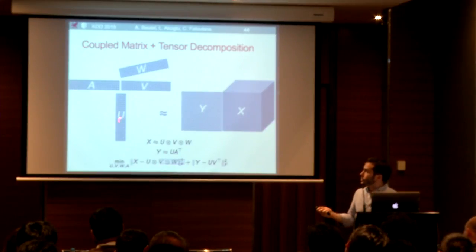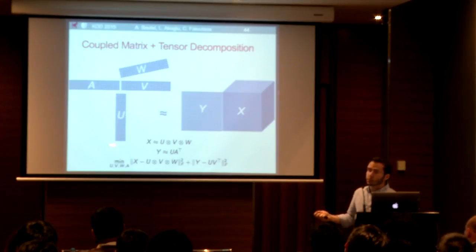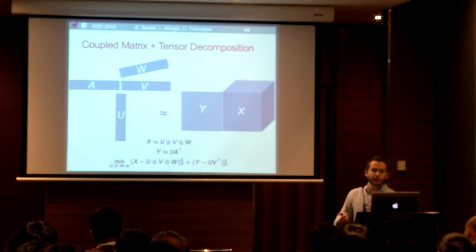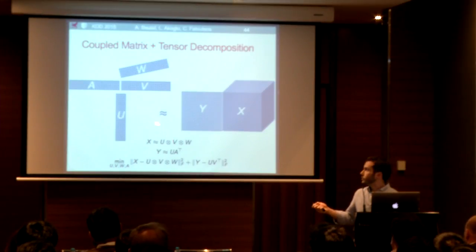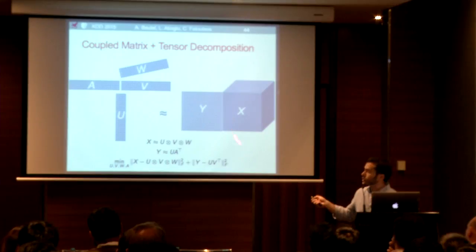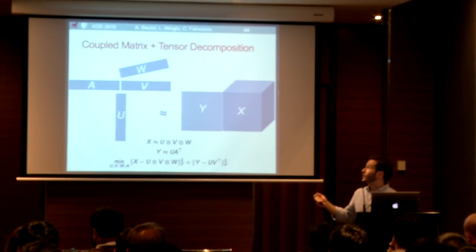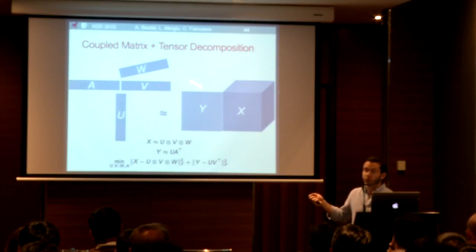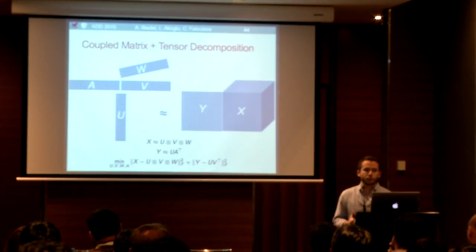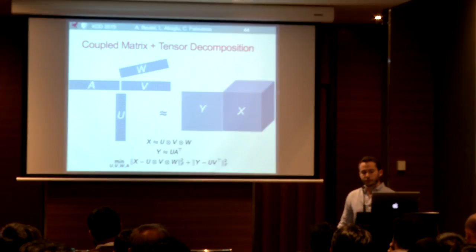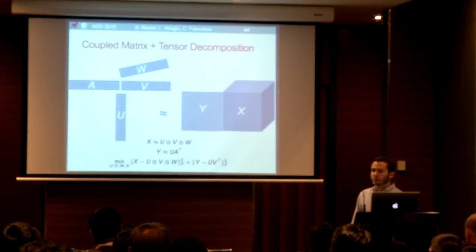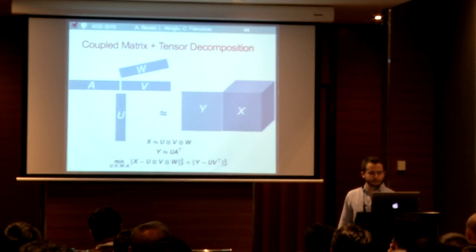Now you share this U matrix, which corresponds to the movie's properties, its latent factors. It is used both to predict the ratings in terms of U, V, W for the X tensor, and also for U times A to predict the matrix Y. So you make sure that the movie's properties are jointly useful in describing both side information and ratings. And we'll see how this ends up being used later for fraud detection.